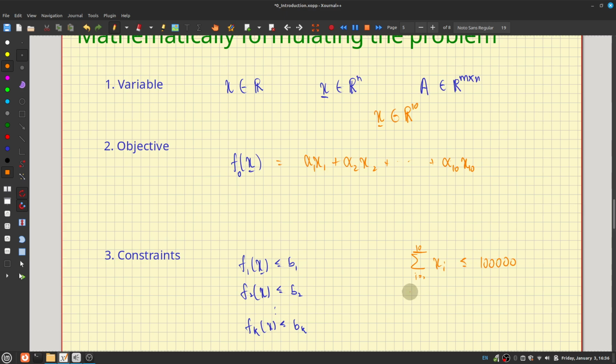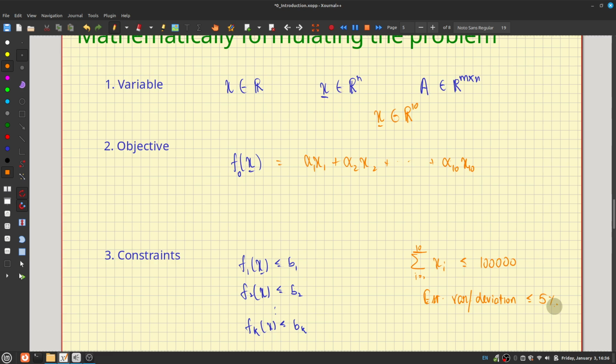I could say that the estimated variance or the deviation should be less than or equal to, I don't know, maybe 5%. That's a constraint. That's one way of formulating this, but I could have formulated this whole thing a completely different way.